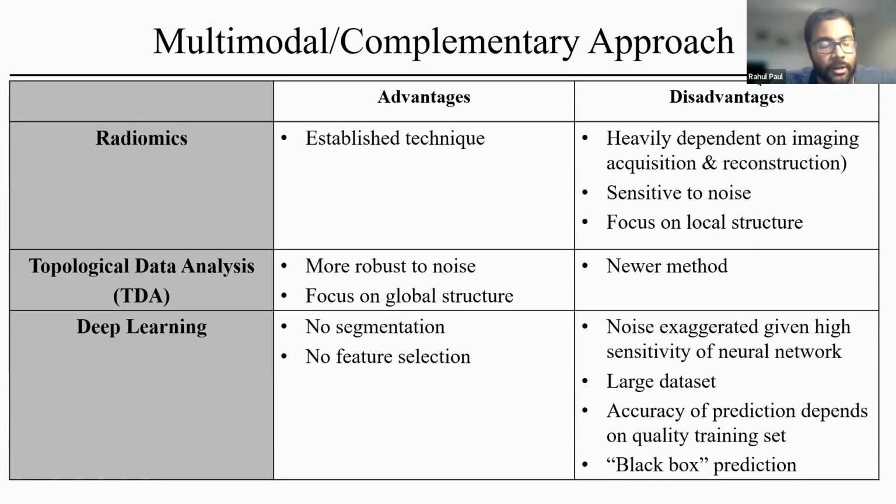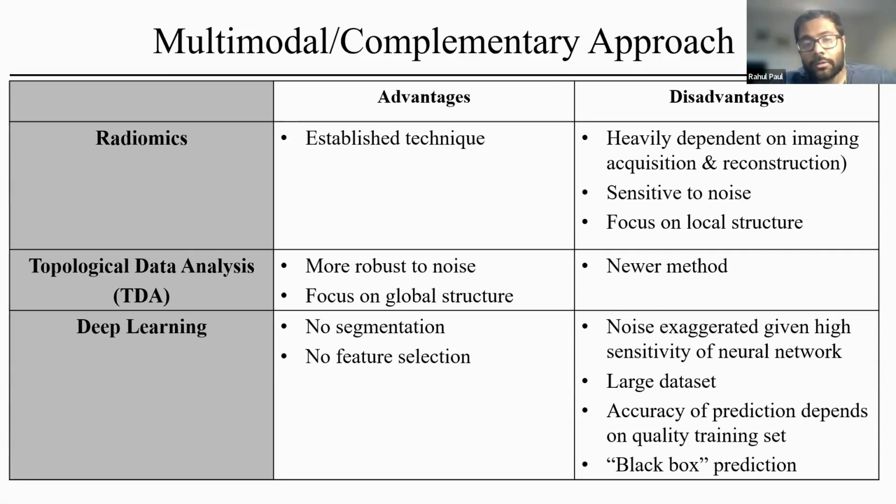It has been used for quite a long time, and quite a lot all around the world by every reputed research group. But the disadvantage is it is very sensitive to noise. If an image is generated from multiple machines for the same patient, for example, you may get different features, different texture features. So they're not stable.